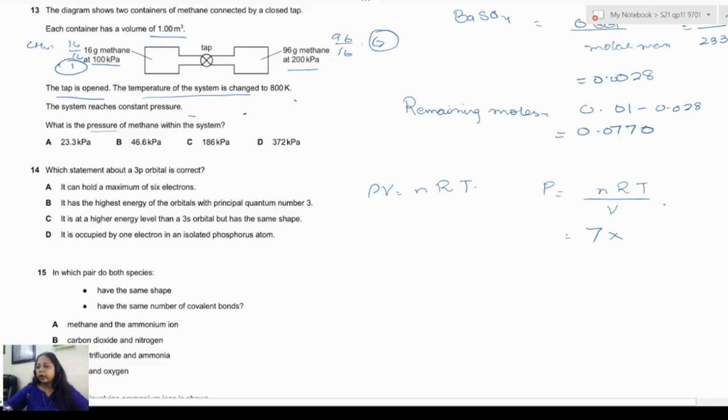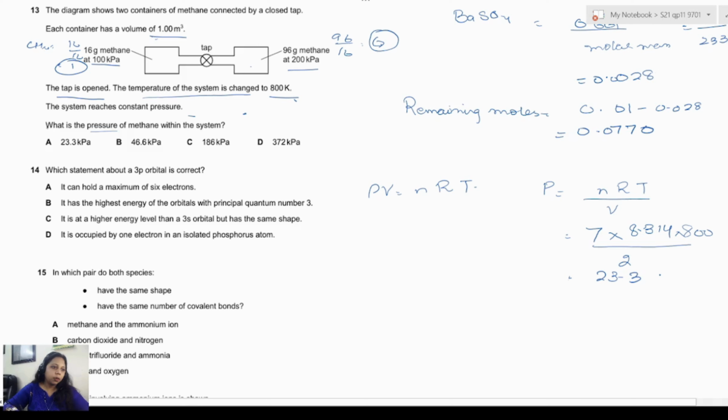The value of R is 8.314, and the temperature is 800 Kelvin, divided by the volume. Both containers have 1 cubic meter, so both have almost 2 cubic meter of volume. When we divide this, the answer is 23.3.